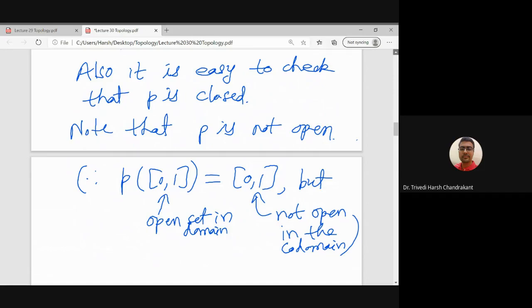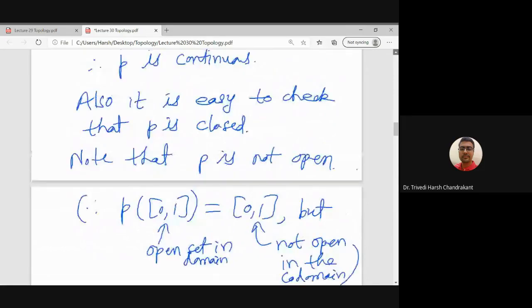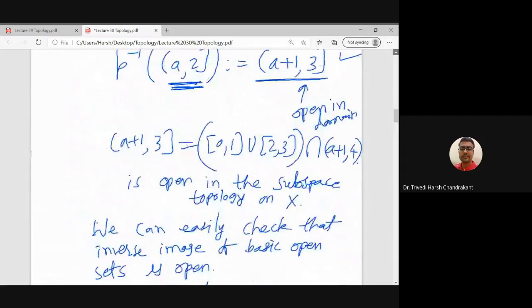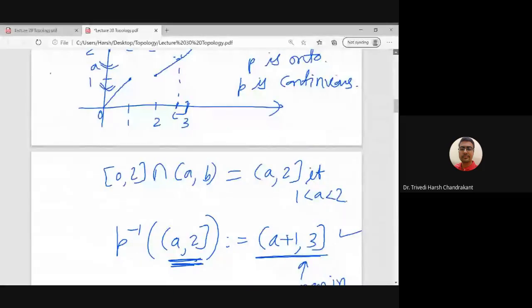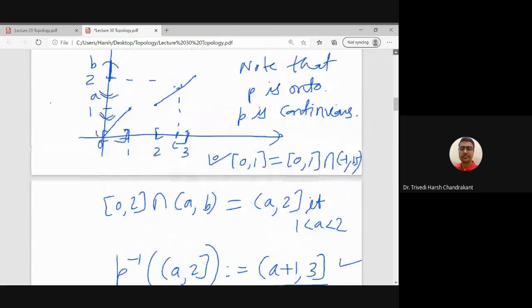So why is it happening? Let us go back again to the graph. Why is [0, 1] open here? Because our domain is the closed interval [0, 1] and the closed interval [2, 3]. So the closed interval [0, 1] we can write as [0, 1] intersected with, let us say, the open interval (-1, 1.5), right? So therefore this is open in the domain, but it is not open in the codomain, because the codomain is this whole interval [0, 2].